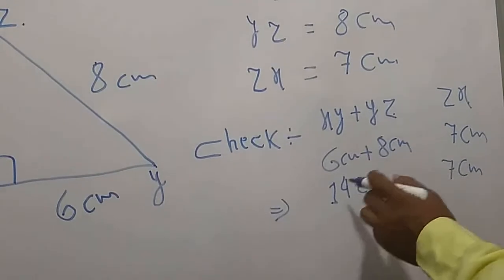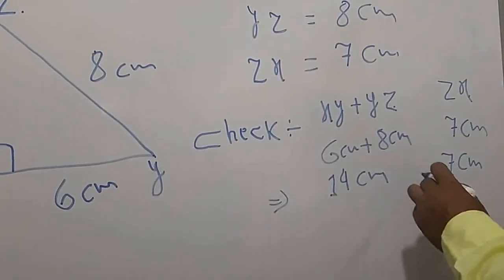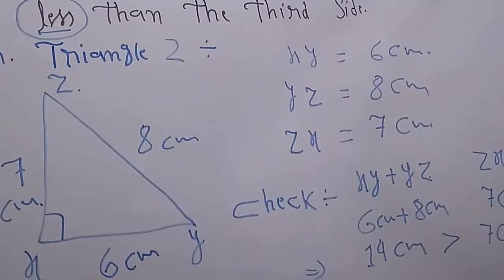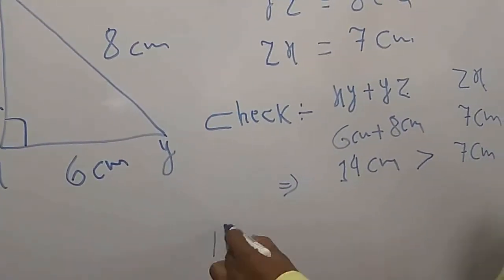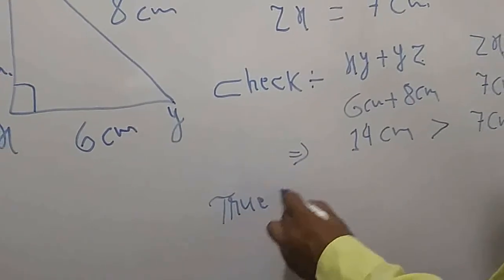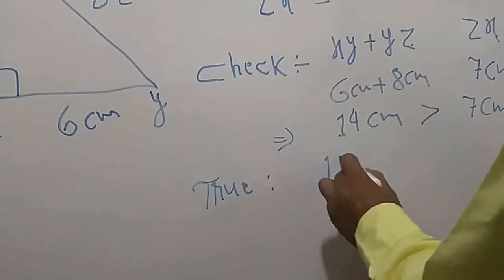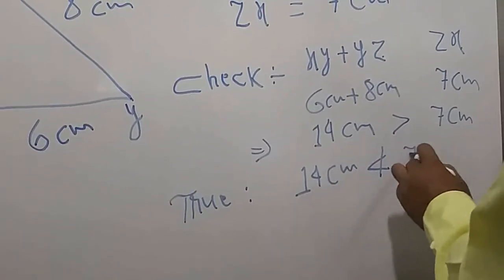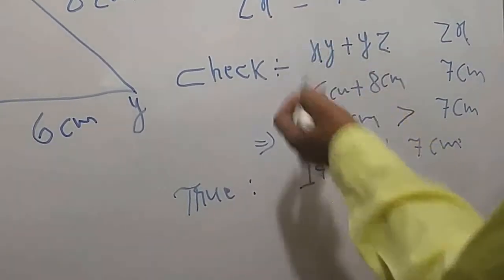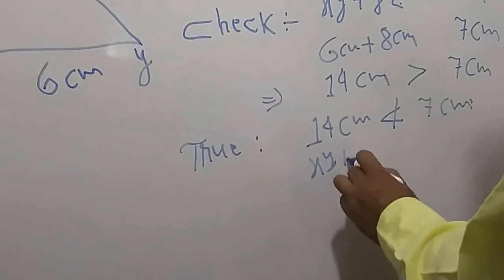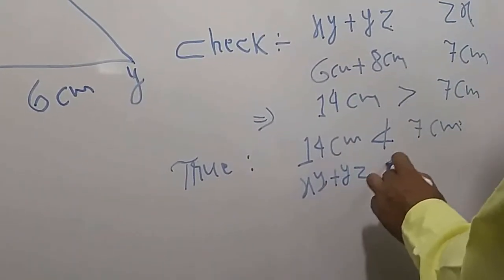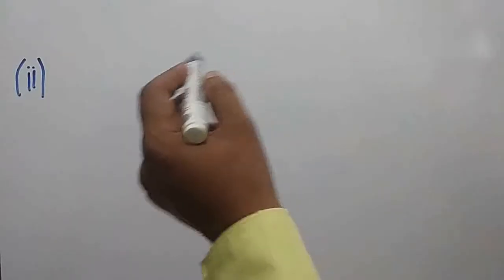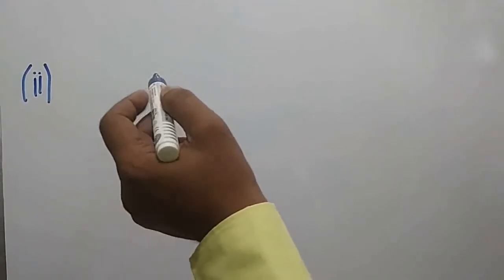We easily observe 14 is greater than 7, and the question is asking for less. So the true condition for this triangle is 14 centimeter is not less than 7 centimeter. It means XY plus YZ is not less than ZX.